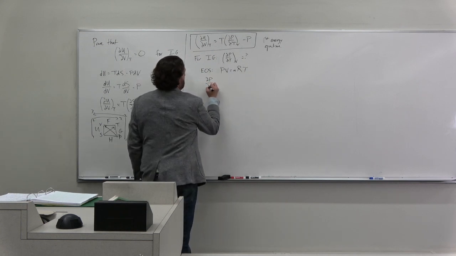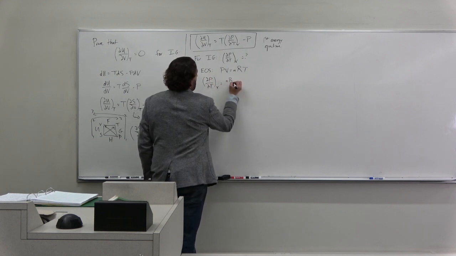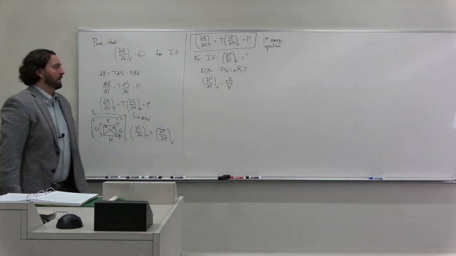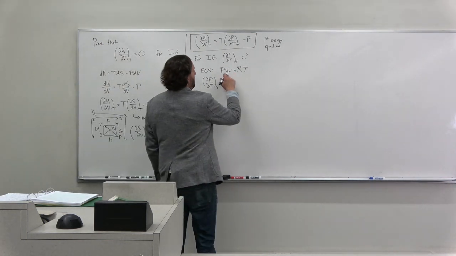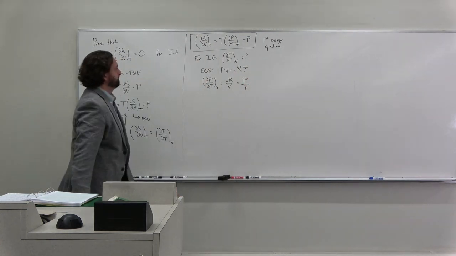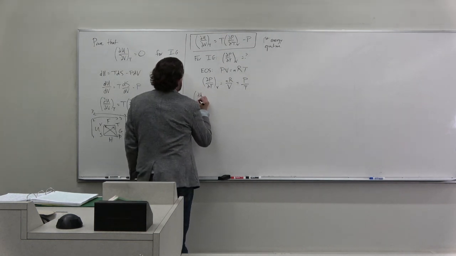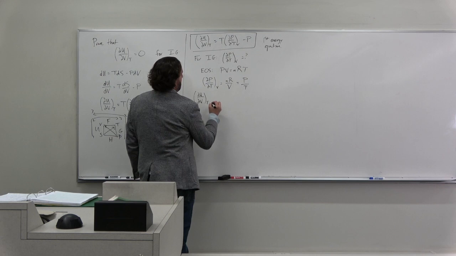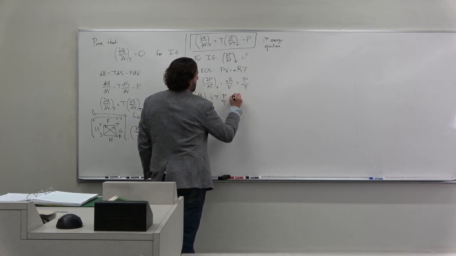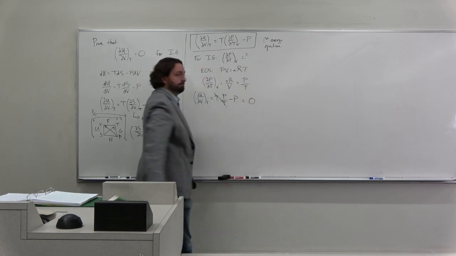Partial P, partial T, constant V is simply nR over V. But remember, nR over V is the same thing as P over T. So we can write partial U, partial V at constant T equals T times P over T minus P. And you can see we get 0.